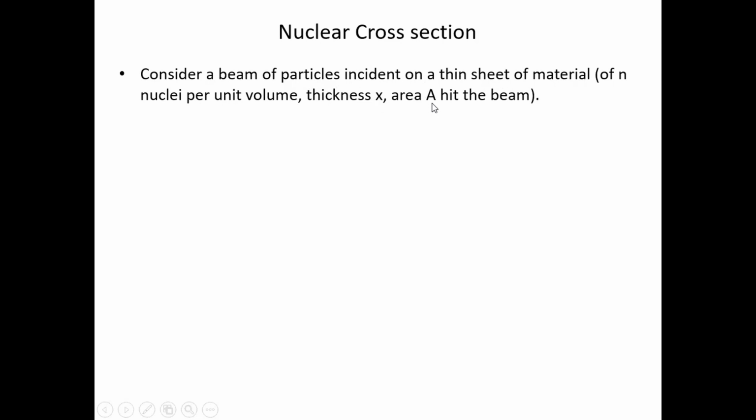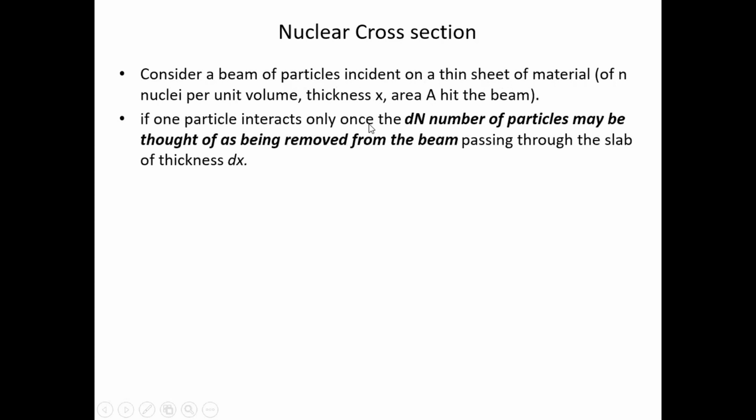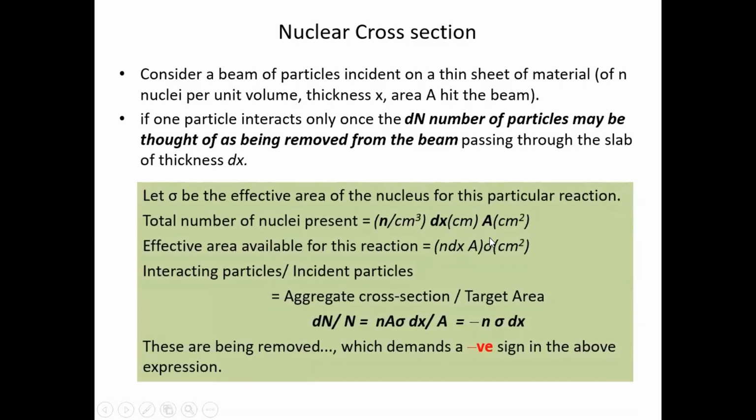The area is A, which is hit by the beam. So if one particle interacts only with dn particles as being removed from the beam while passing through the slab of thickness dx, then we can find out the effective area.